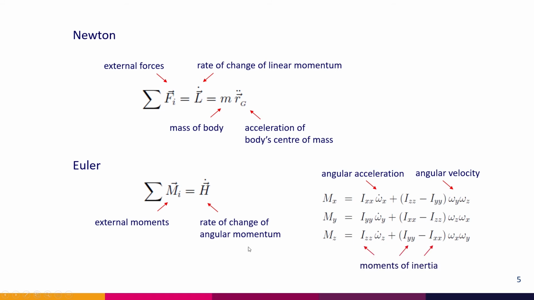And it also has terms which are the moments of inertia. So these are the equivalent of mass in Newton's second law. So the moments of inertia are the resistance the body has to being turned or spun.